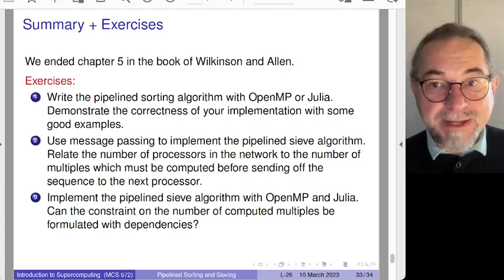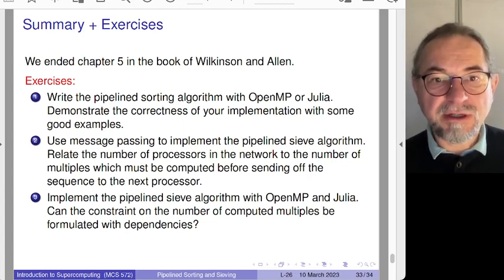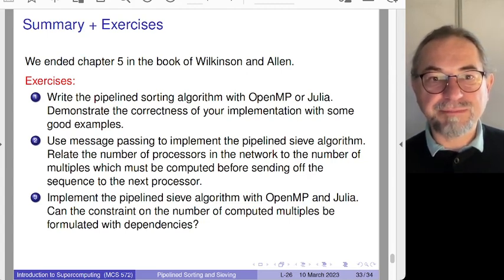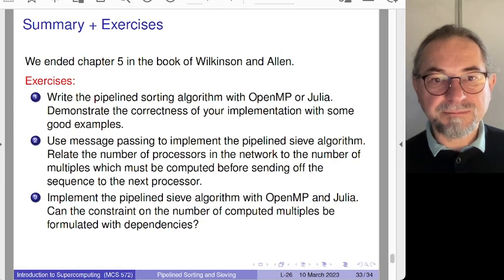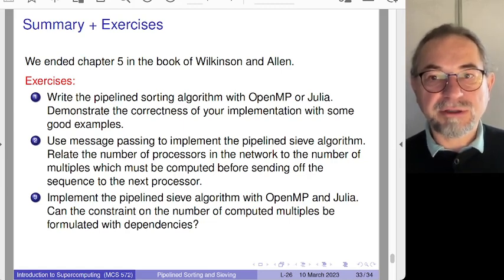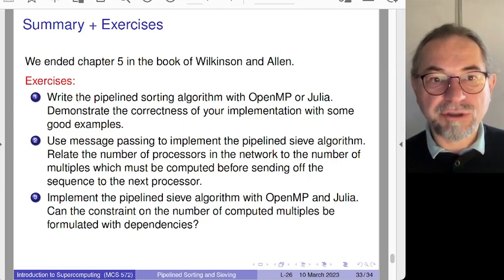This depends on the number of processors. If you have only 2 or 3 processors, then the gap is not that large, but the gap will become larger when the number of processors grows.